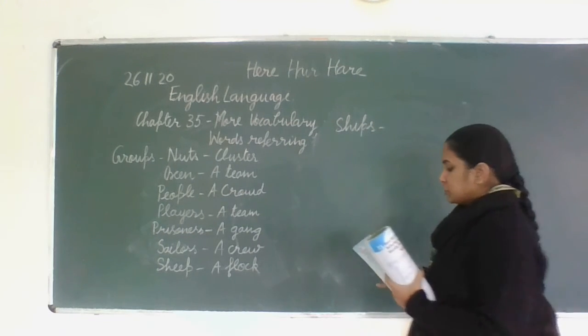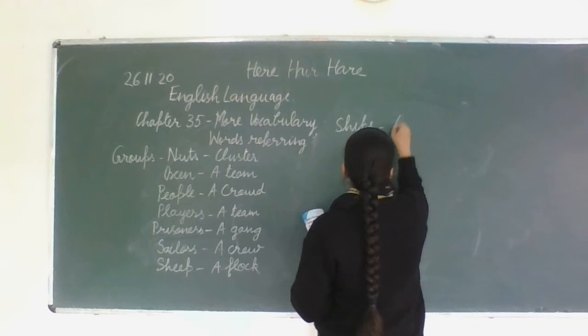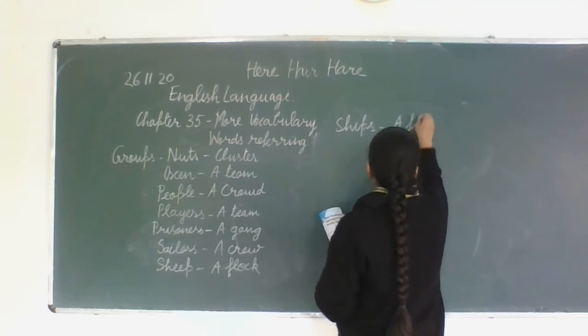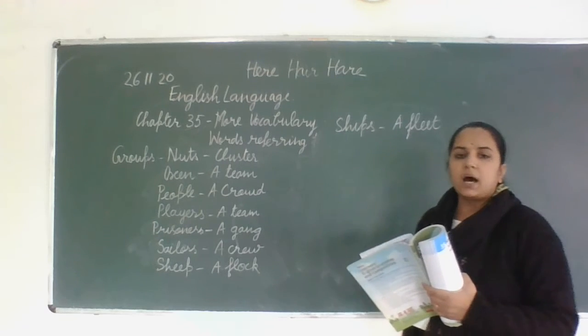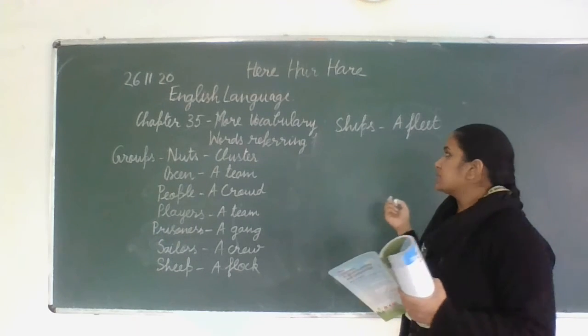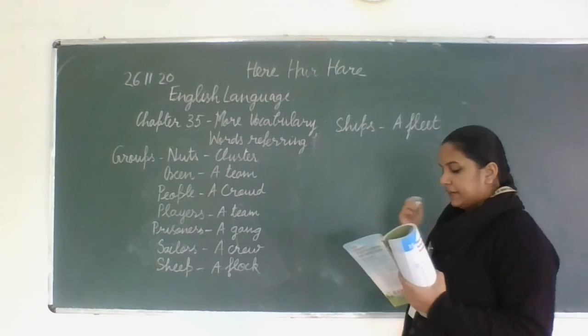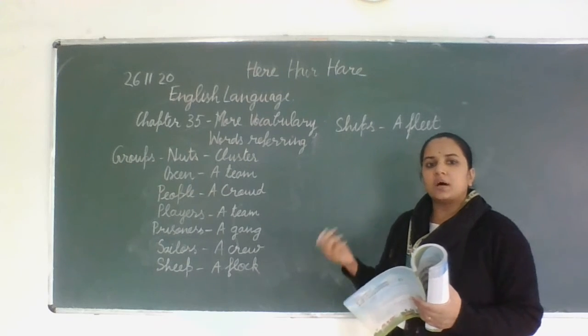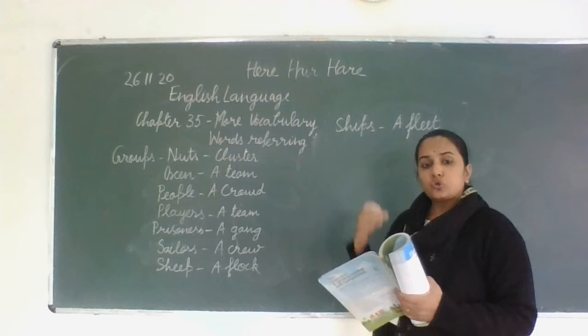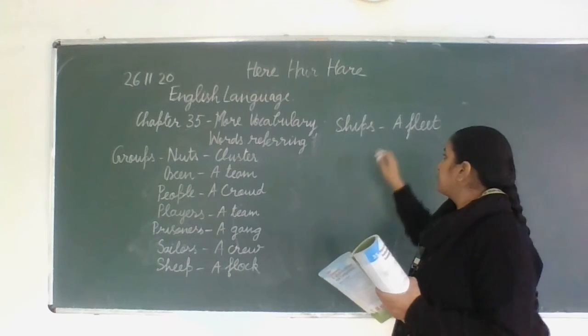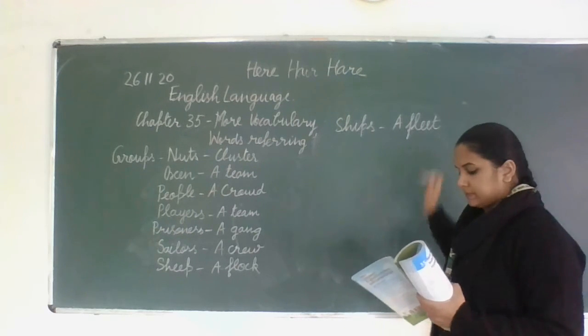A group of ships is known as a fleet, where a number of ships are together, then this is known as a fleet. Suppose a number of ships are moving from one place to the another all together. So we will not say the group of ships, we will call it the fleet.